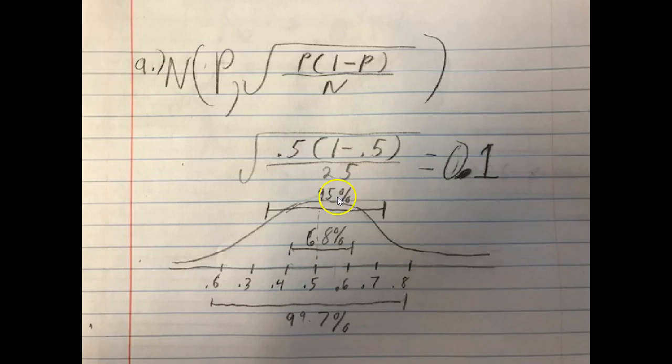Therefore, we see that 95% of this data will be between 0.3 and 0.7. And for the last one here, we round out with 3 standard deviations above and below gives us 99.7% of the data, falling within the range of 0.2 to 0.8.